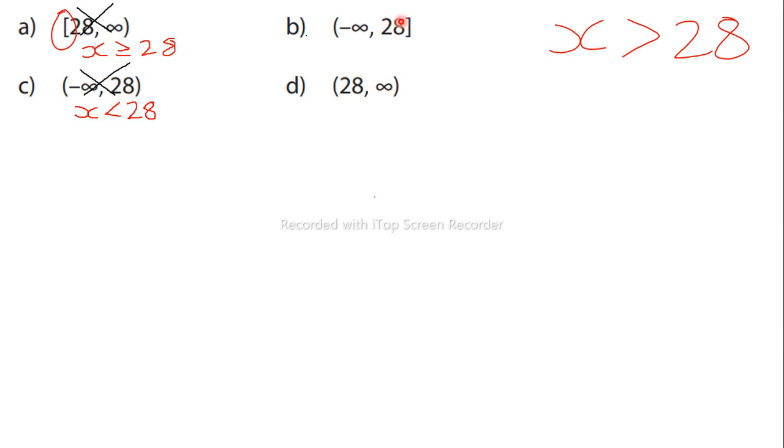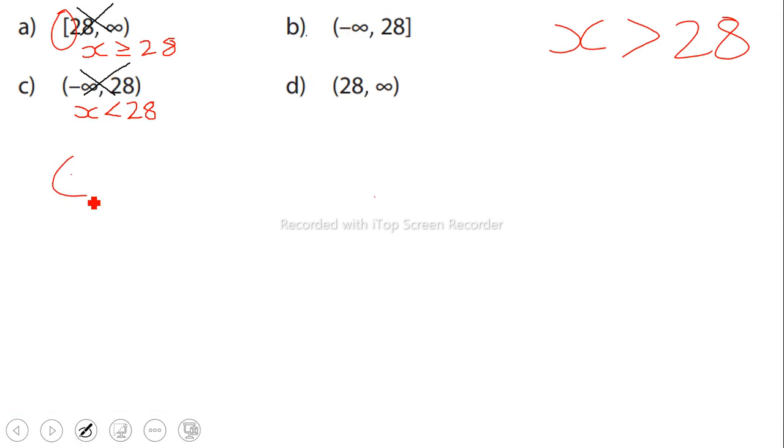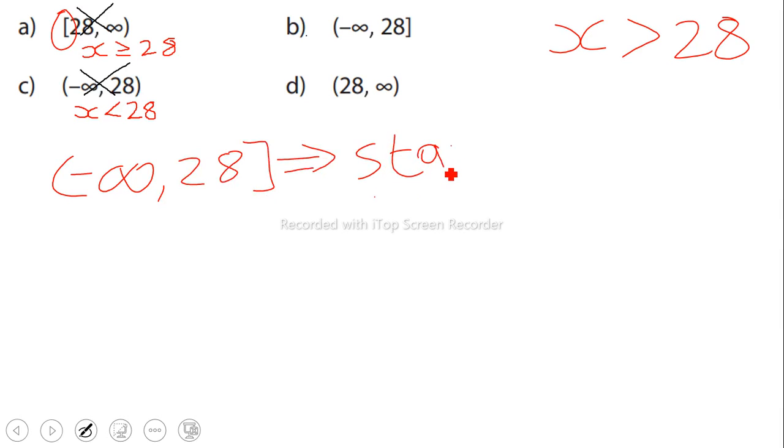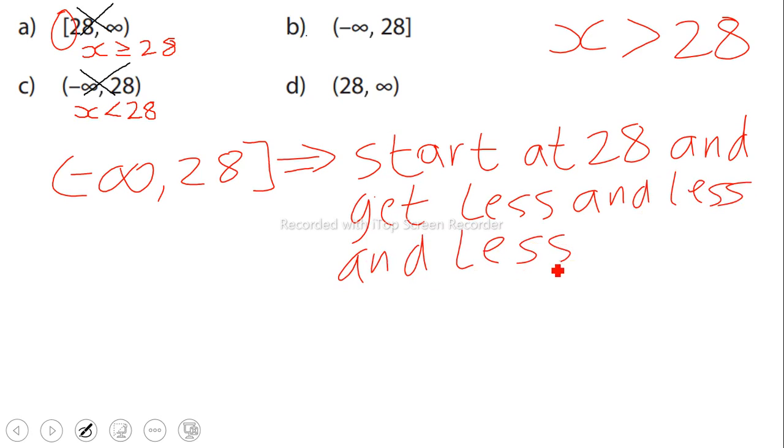So we can say truthfully and accurately, hey friend, start at 28 and get less and less and less.